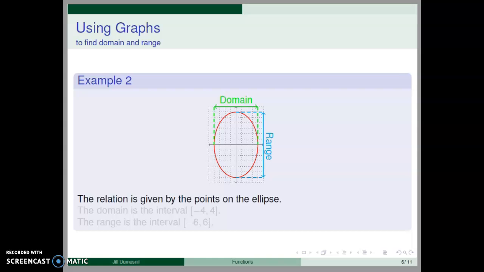Remembering that the relation is defined by the points on the ellipse, the domain is the interval of x values used in the graph. This is the closed interval from -4 to 4. Similarly, the range is the interval of y values used in the graph. This is the closed interval from -6 to 6.